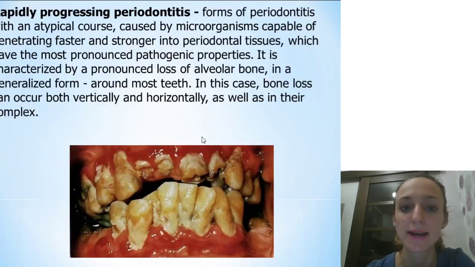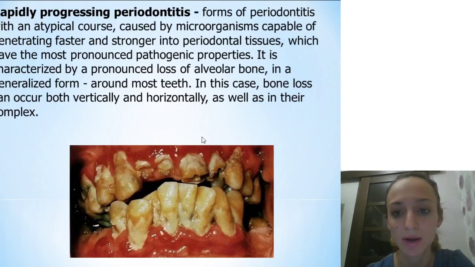Rapidly progressing periodontitis is a form of periodontitis with an atypical course, caused by microorganisms capable of penetrating faster and deeper into periodontal tissues, which have some pathogenic properties. This diagnosis occurs in young people.